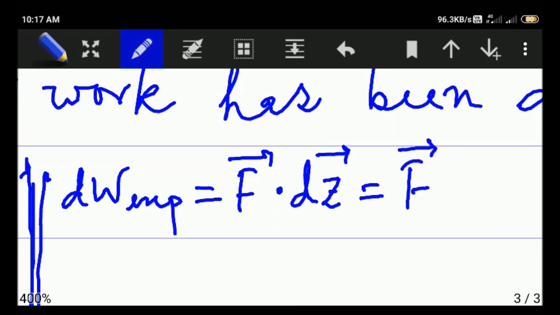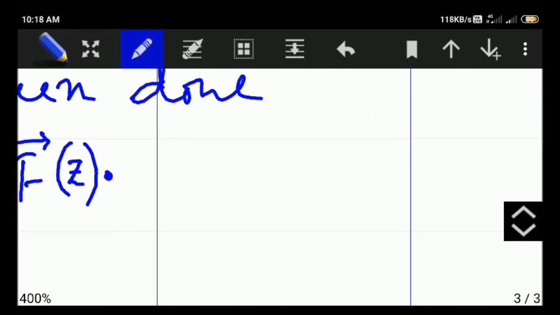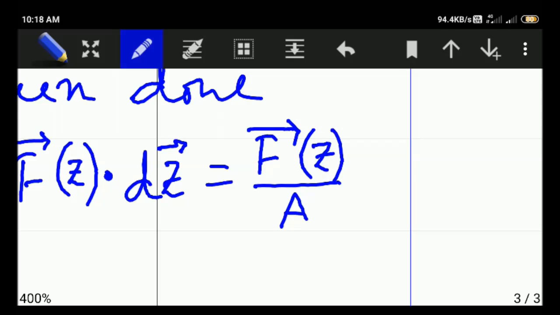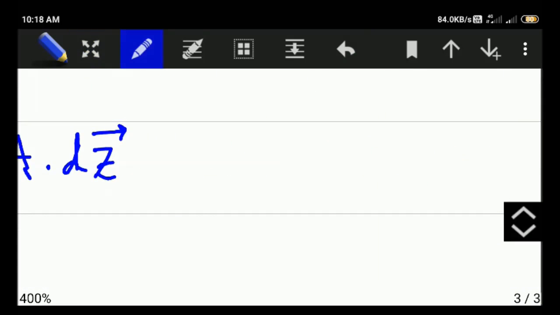Now F(z), I can divide by an area and also multiply by area. So the equation becomes P(z) dot dV, where dV is the differential volume increment, and the direction of dV is defined in the direction of dz.